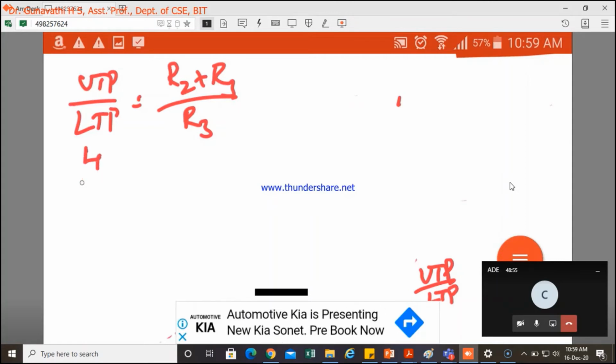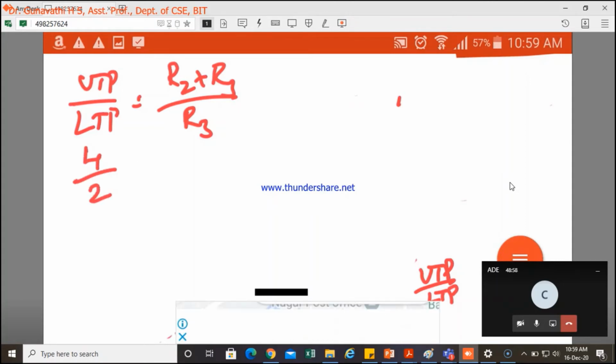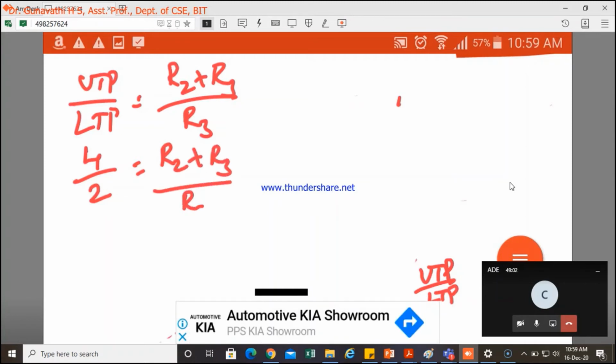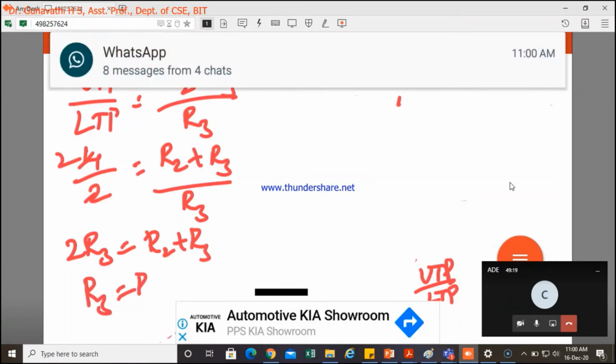Suppose I am designing for 4 volts and 2 volts. So this is the expression, and I can divide this, right? So 2R3 is equal to R2 plus R3. So I can write 2R3 minus R3, I'll get R3 here. So R3 is equal to R2.